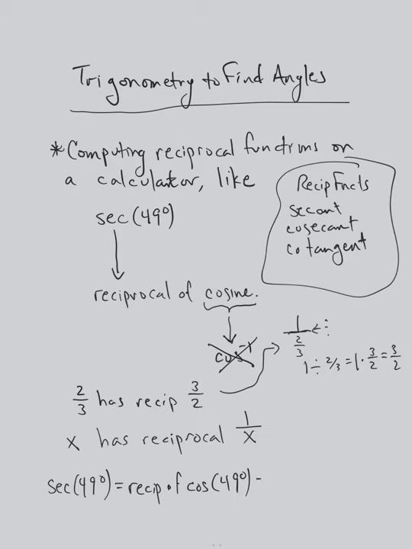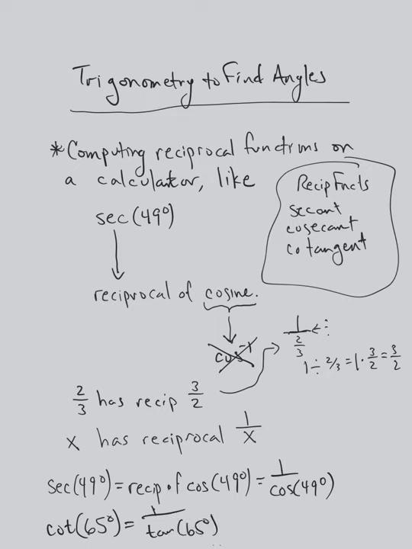And so that would be 1 divided by, or 1 over, the cosine of 49 degrees. All right, so that's actually how you compute the reciprocal functions on your calculator. You do 1 over. So just as another example, say I had the cotangent of 65 degrees. The cotangent is reciprocal to the tangent, so I would type in on my calculator 1 divided by the tangent of 65 degrees.